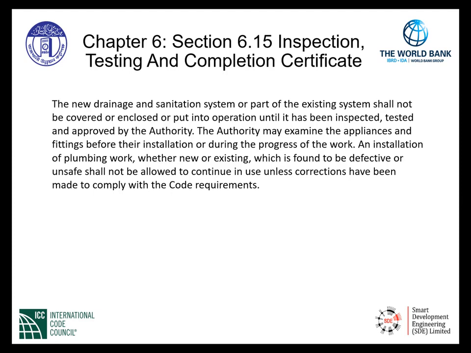An installation of plumbing work, whether new or existing, which is found to be defective or unsafe, shall not be allowed to continue in use unless corrections have been made to comply with the code requirements. Now, this also is in effect for rainwater harvesting and storage and drainage systems.